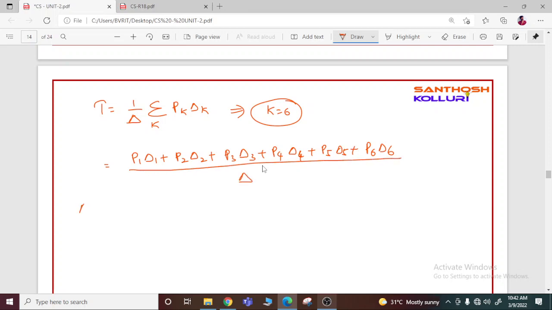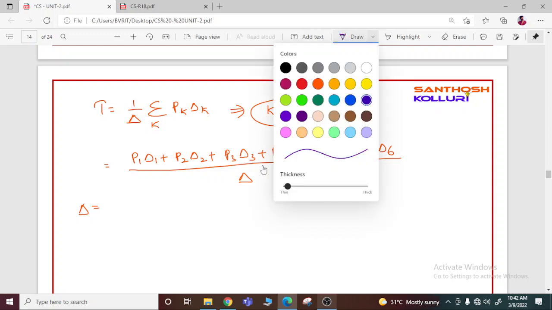First of all we will calculate delta, then delta 1 to delta 6. So delta is nothing but 1 minus summation of individual loop gains plus gain product of all possible 2 non-touching loops minus gain products of all possible 3 non-touching loops, like that.